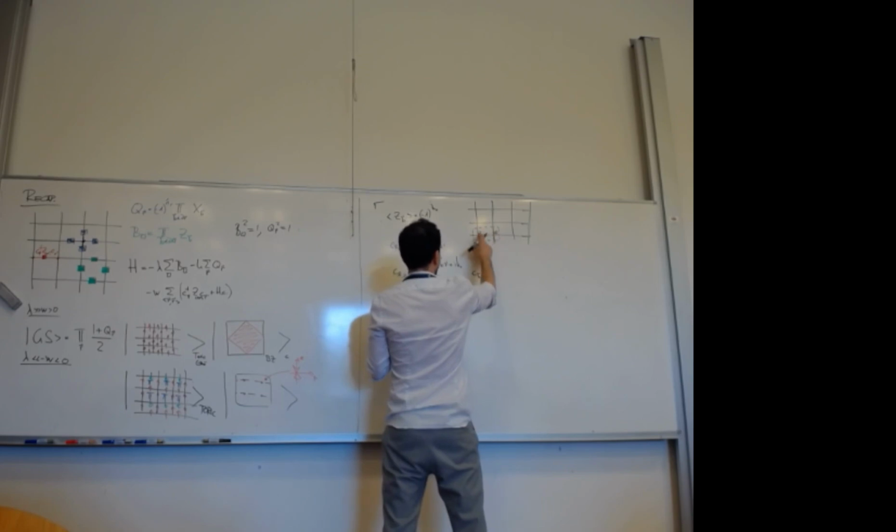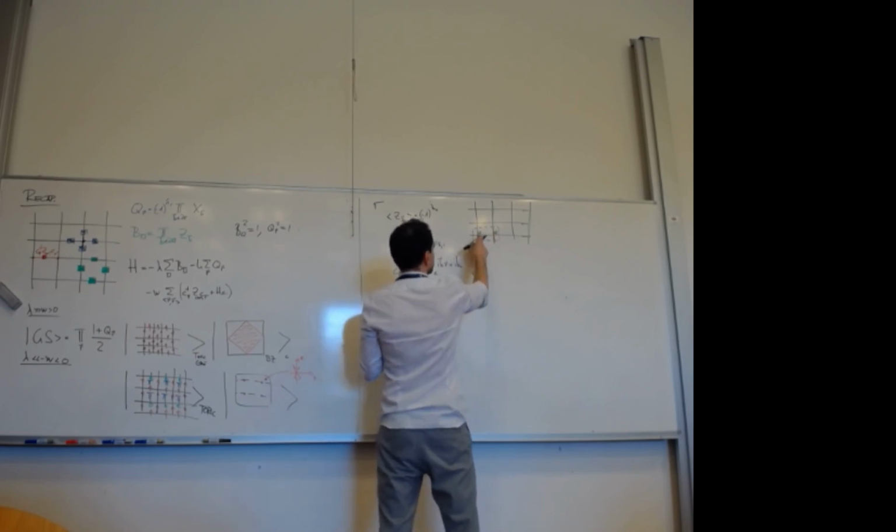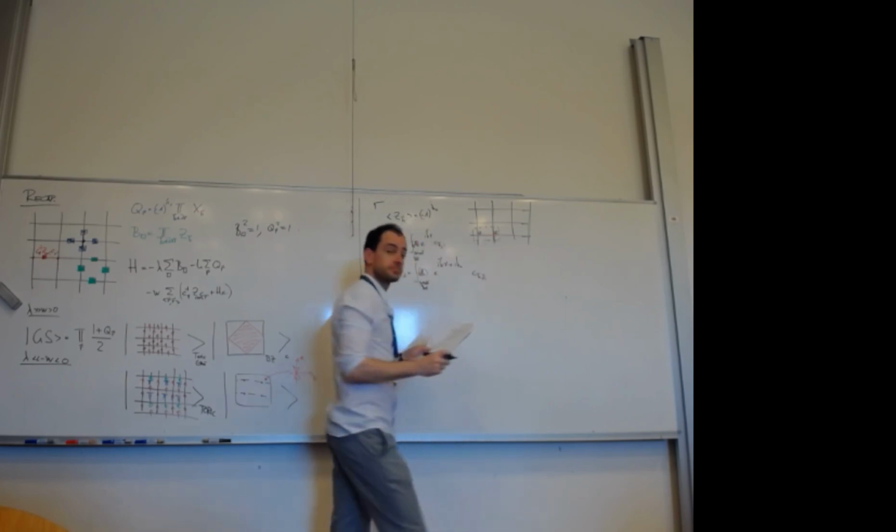So this is shifted by 1. The position r is the position of the unit cell, and here we are shifted by 1 to the right.